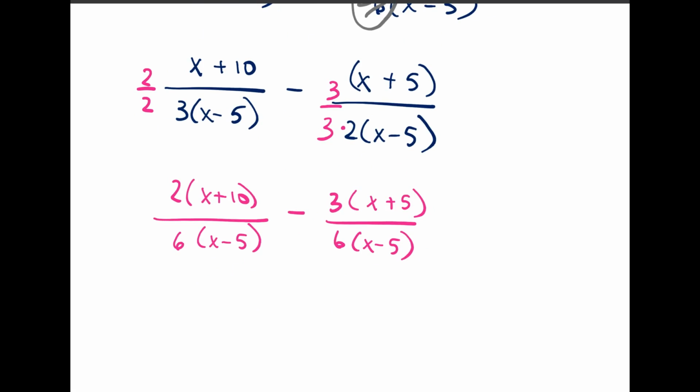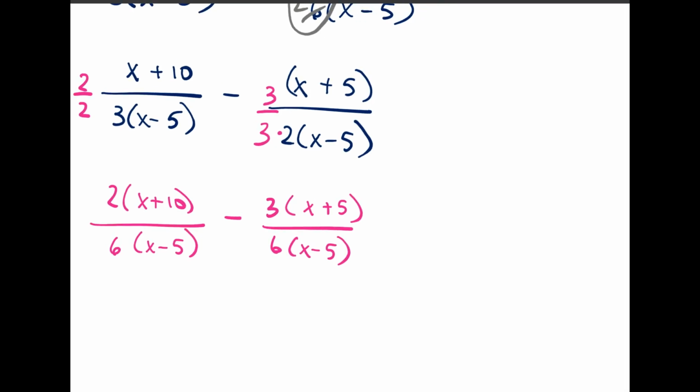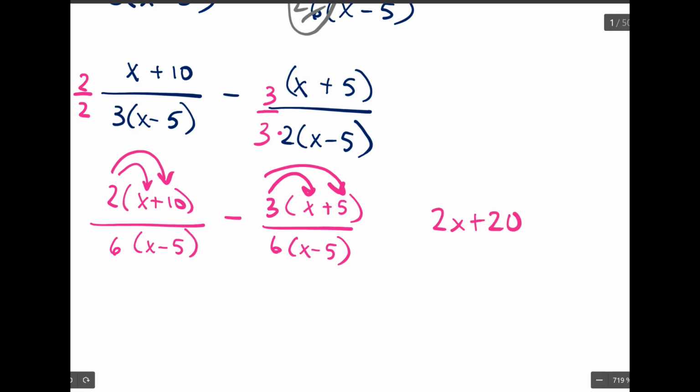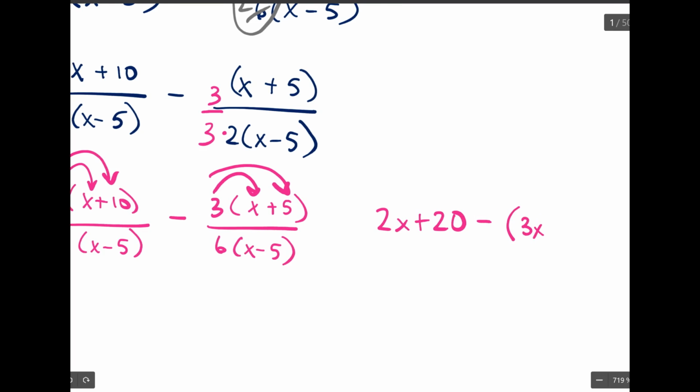Okay, so now that I have the same denominator, I can subtract them. But first, I'm going to distribute this out so that I can subtract them. So I have 2x plus 20 minus 3x plus 15, all over 6 times x minus 5.